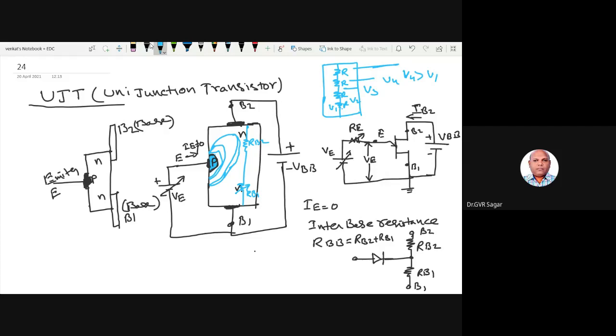So the voltage drop across RB1 is called VRB1.